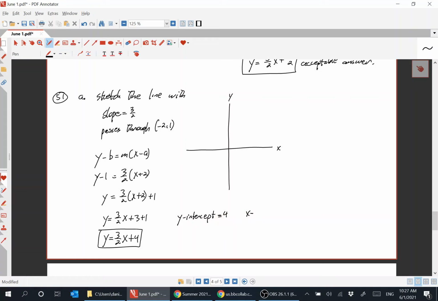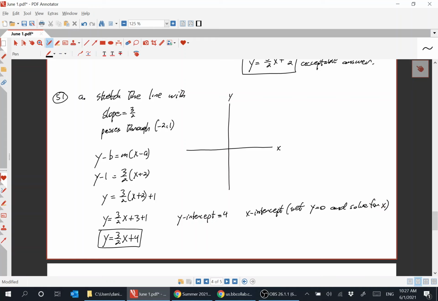For the x-intercept, okay, well, the x-intercept happens on the x-axis, and on the x-axis, the y-coordinate at that point is 0, right? So set y equal to 0 and solve for x.